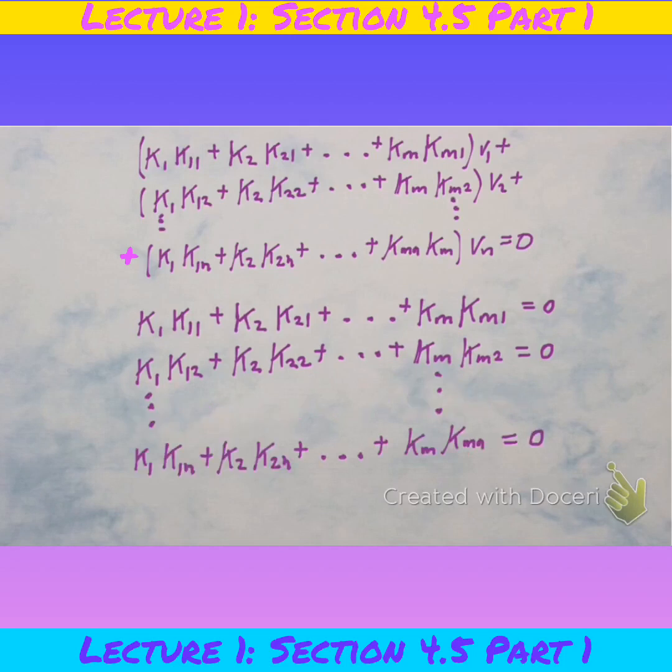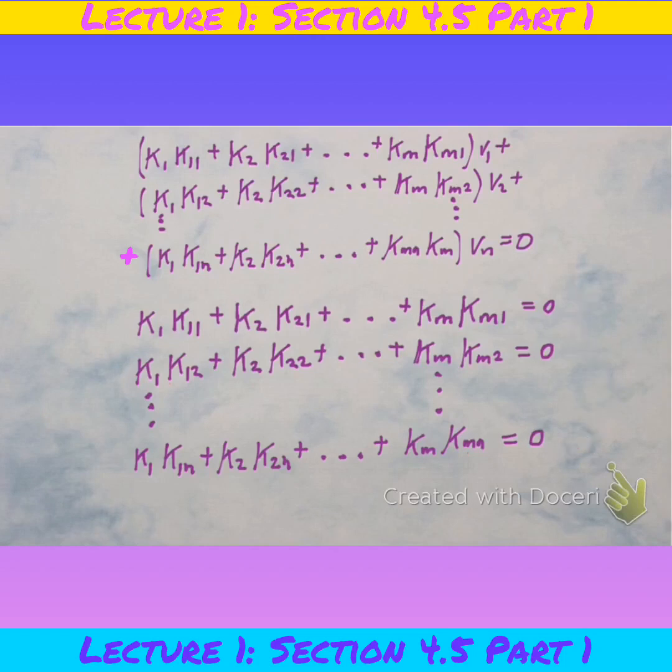Now the question is, if we look at this system of equations, how many equations are there? Go and count them. There are n equations. And how many unknowns are there? There are m unknowns. Now what did we say initially?